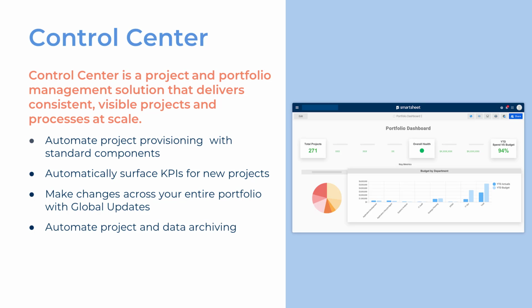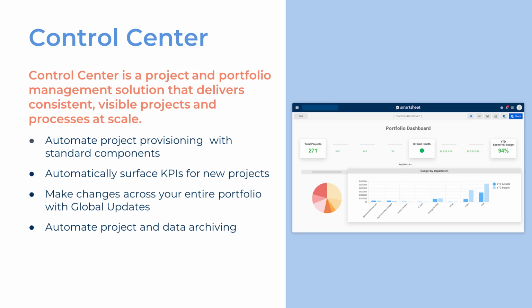So rather than creating these separate items yourselves and really taking a lot of the manual effort of managing an entire portfolio out of it, Control Center enables you to create blueprints, which you can then use to easily kick off new projects with just a few clicks, as well as automatically surface KPIs and reporting and dashboards with critical information about these new projects that you're managing with Control Center.